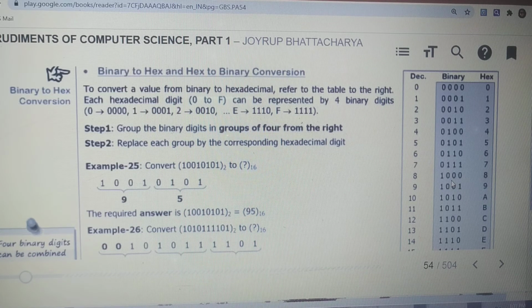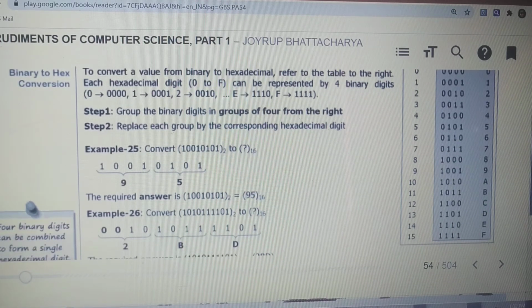So 0 means four 0s in binary representation. 1 is 0001, 2 is 0010, 3 is 0011, 4 is 0100, 5 is 0101, 6 is 0110, 7 is 0111, 8 is 1000, 9 is 1001, 10 is 1010, 11 is 1011, 12 is 1100, 13 is 1101, 14 is 1110, and 15 is 1111.